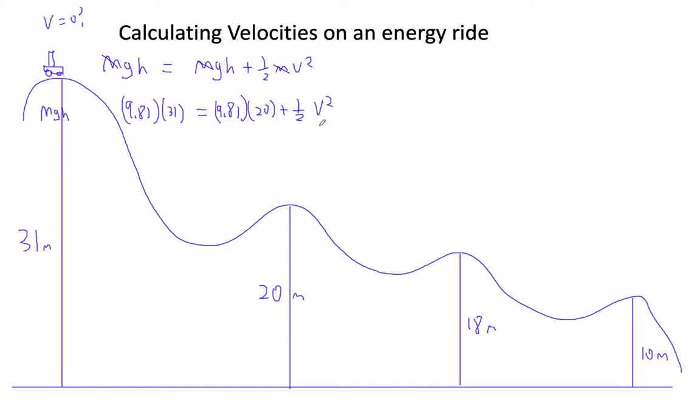Let's see if we can do this. I think I can do this. All right, so this is going to be the square root of 2 times 9.81 times 11.